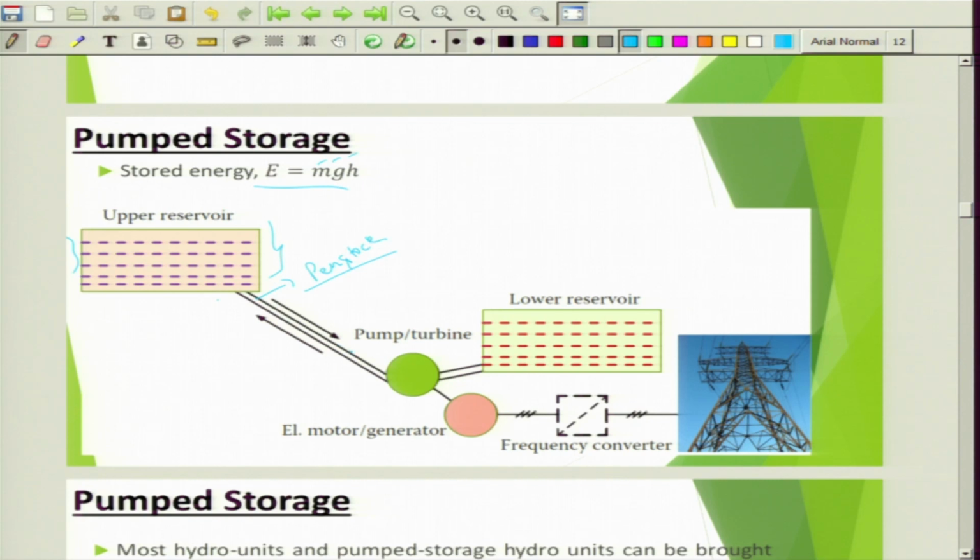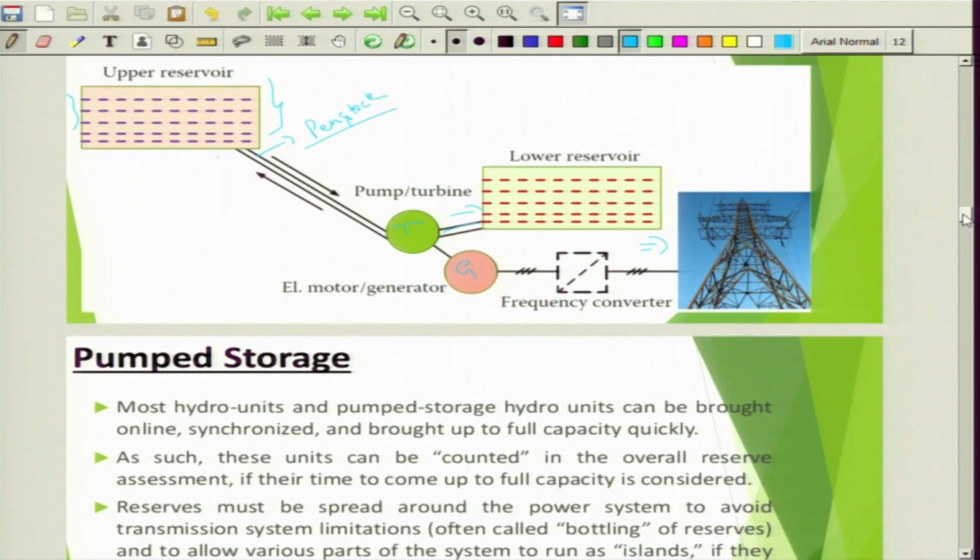The water flows through this penstock, and there is a pump or a turbine which rotates, and this water is then collected at a lower reservoir. To this pump or turbine is coupled a generator. This generator would generate the electricity, which, if any frequency conversion is required, is done using converters, and then finally it is connected to the electricity grid. So this is how a typical pump storage unit would look.